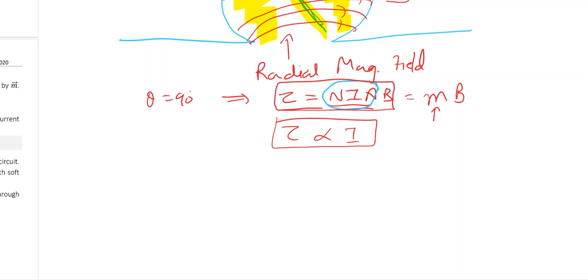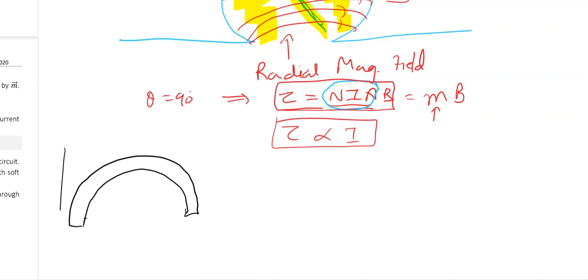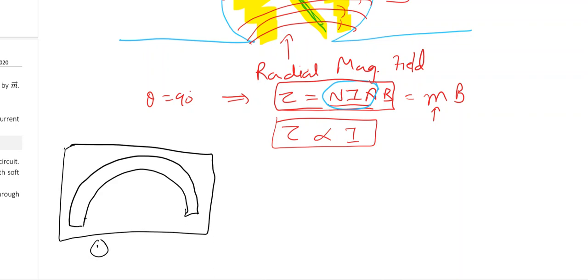So normally, if I consider this as the dial of the galvanometer, when you connect the positive and negative terminals, normally at the center you have 0, and on one side you have a 30 or 40 or 50 mark, and the other side also the same.